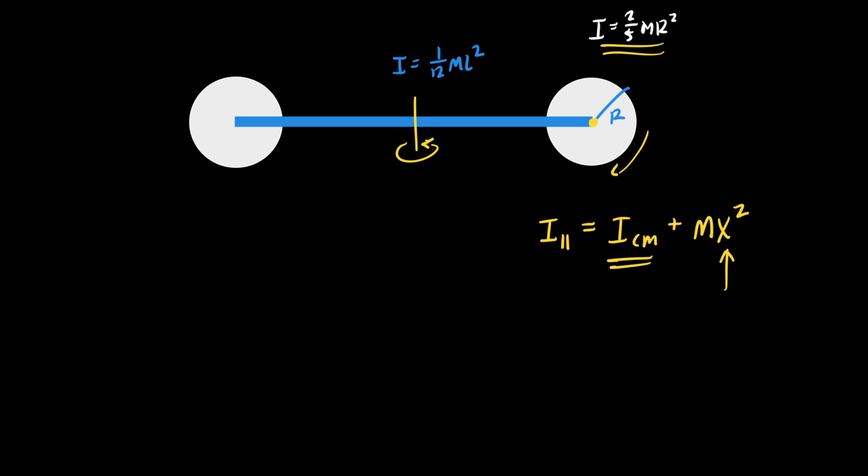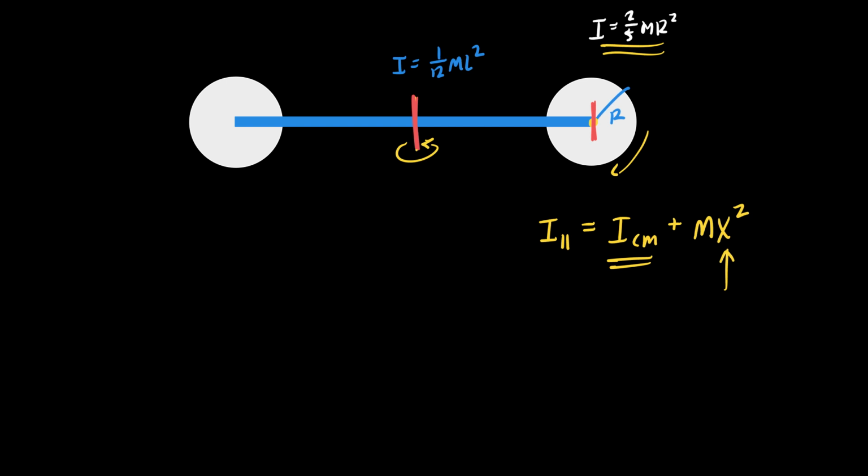So consider this arrangement. I know the moment of inertia of the sphere is 2/5 mr squared about its center. But I'm going to shift it from here to here, a distance of L/2, by the way. You follow what I'm doing?